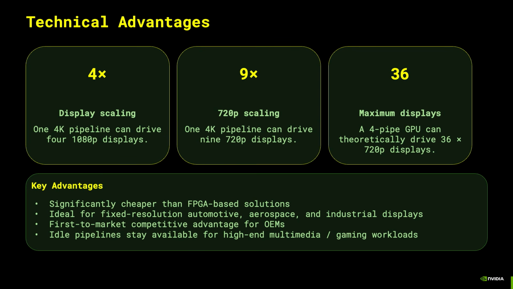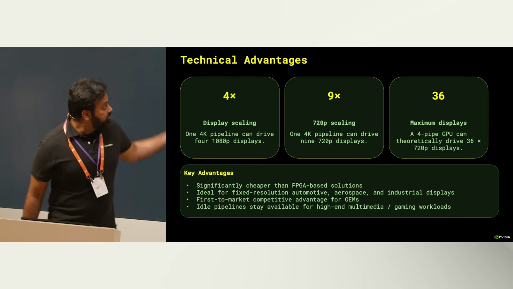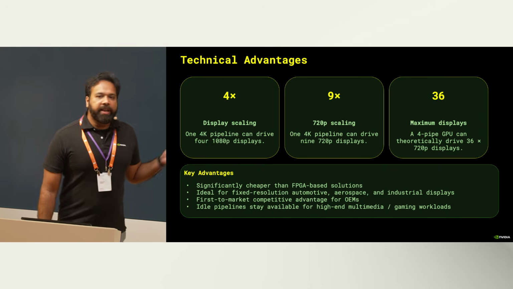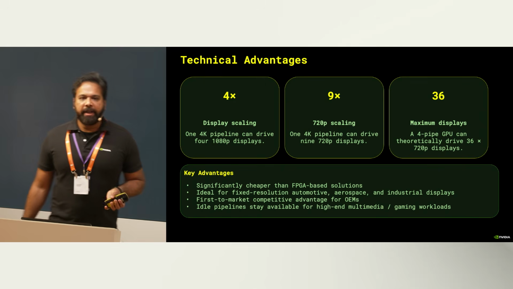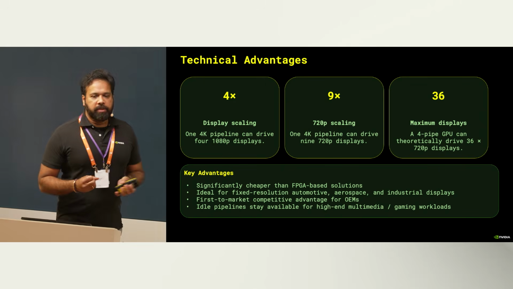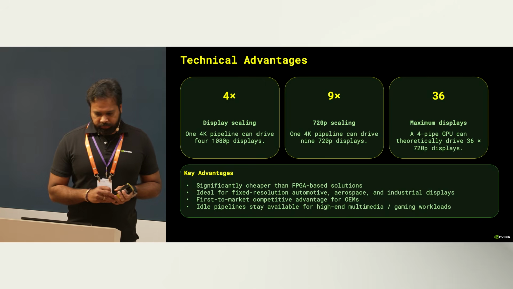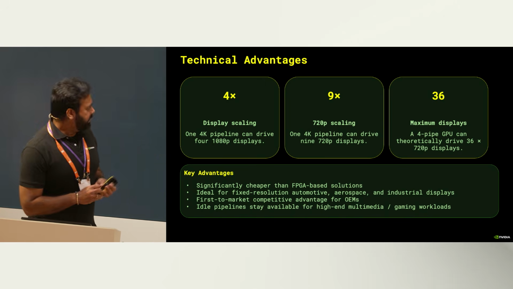Using a normal GPU available right now, we can drive 16 1080p or 27 720p displays. And it opens up a lot of possibilities in terms of design. I'll talk about it in the next slide.